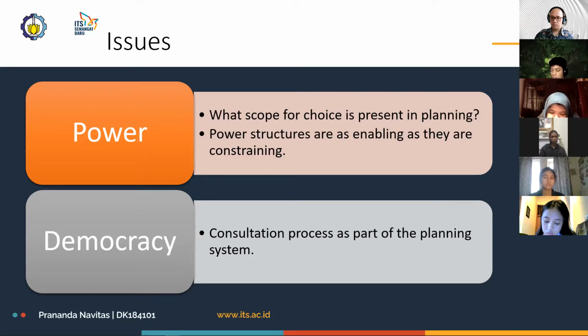However, planning theorists have been debating the question of power in planning for over 3 decades, I think. One essential line of disagreement has been what scope for choice is present in planning, particularly for those doing planning at a local or at a strategic level. Some scholars emphasize the space for creativity and innovation because they see power structures or pressures as both enabling as much as they are constraining.